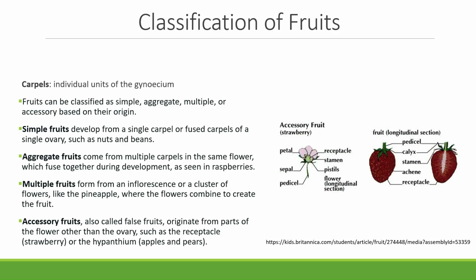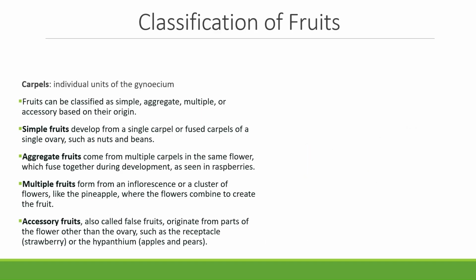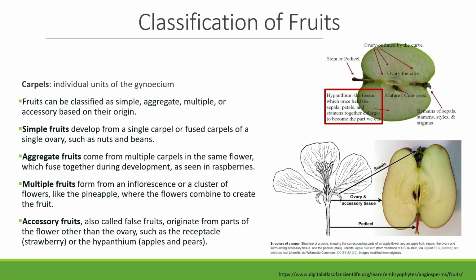So strawberries develop from the receptacle, and there you have it. Whereas apples and pears develop largely from the hypanthium, and so this is another example of an accessory fruit. And by the way, it's called an accessory fruit because these are accessory tissues. They're not part of the main ovary.